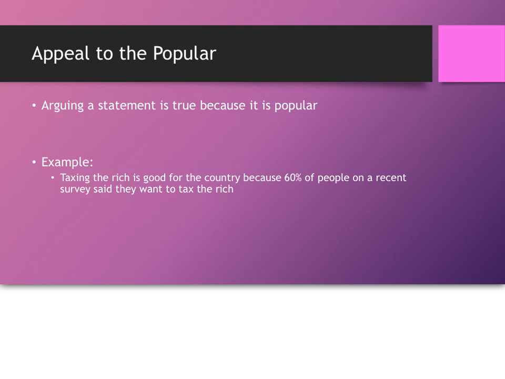If most people thought 2 plus 3 was 6, right? That doesn't make 2 plus 3 6. Okay? 2 times 3 is 6. But just because people think 2 plus 3 is 6 doesn't mean it's true.